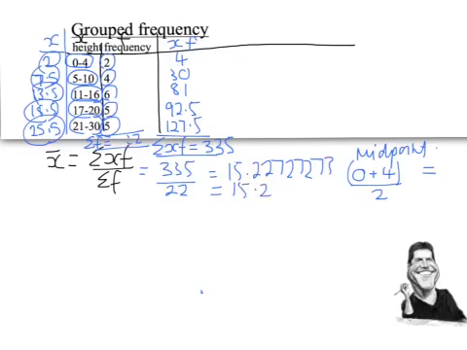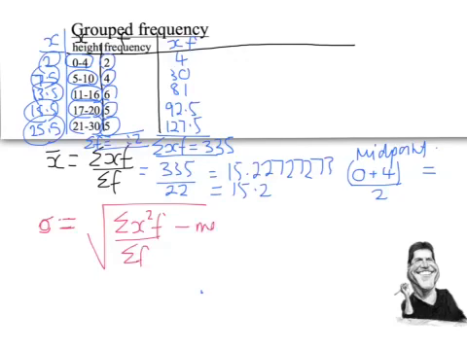Okay, so let's now do the standard deviation. So the standard deviation is the sum of x squared f over the sum of f minus the mean squared. Okay, so I've got to have an x squared column. My pen's going funny now. My x squared column.